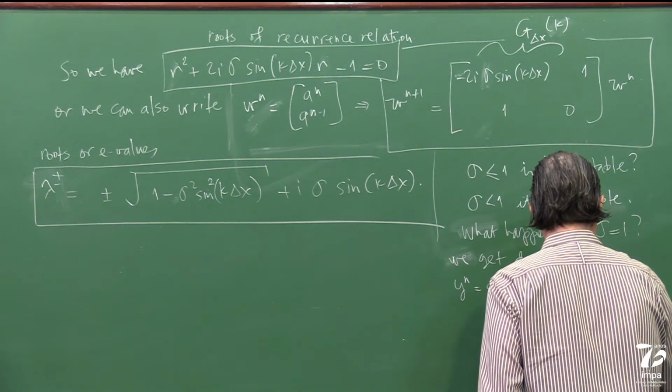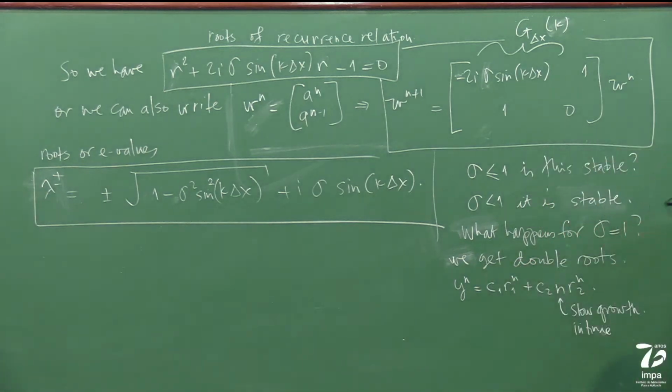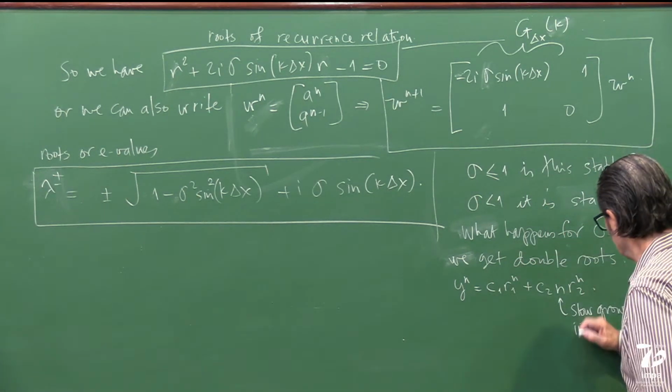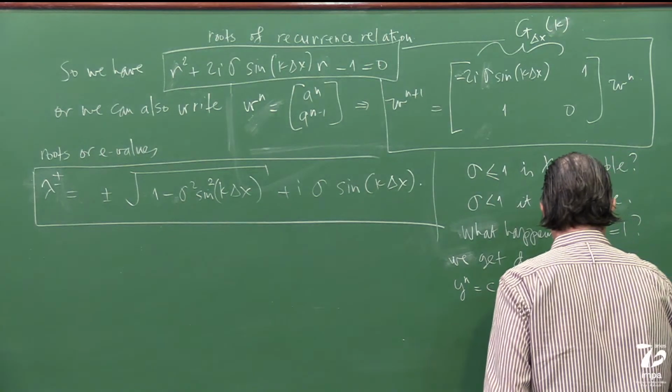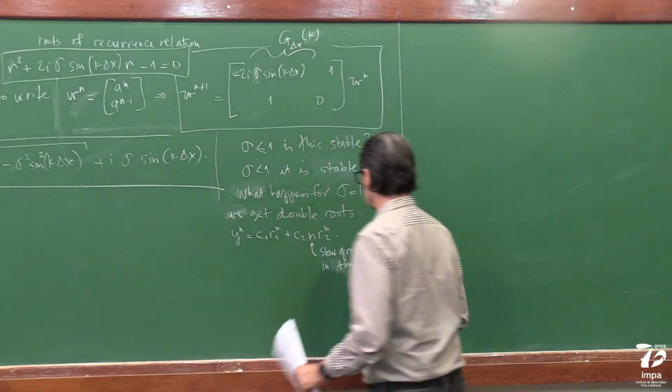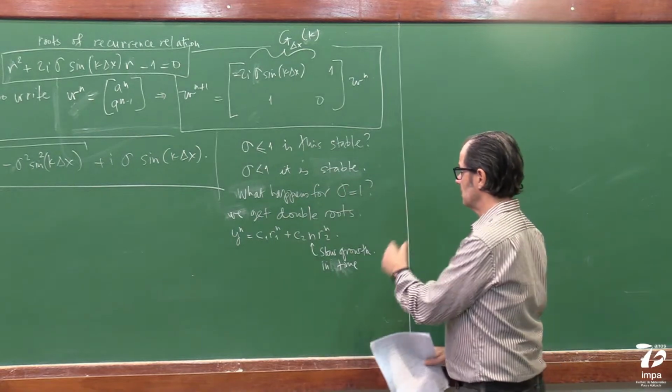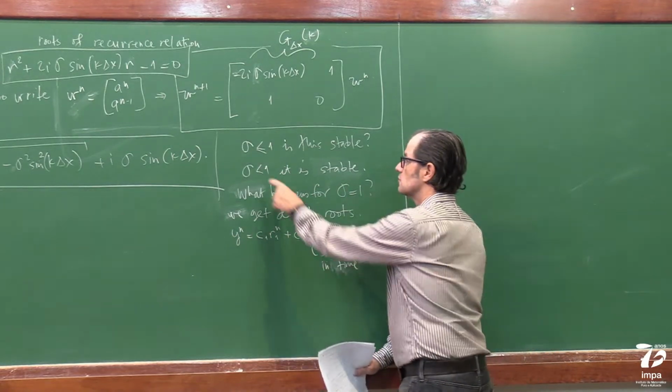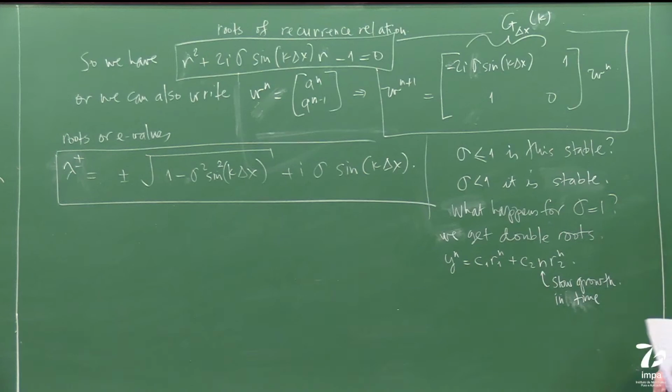Okay? So that means, I have some mistake maybe somewhere, I'll check this, slow growth in time. So that means that it's always good to use it slightly below 1 so that you avoid this.